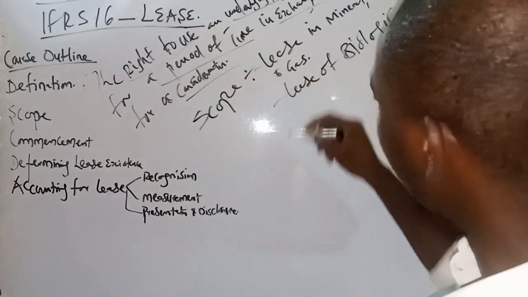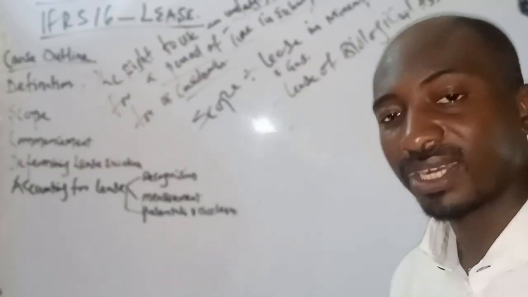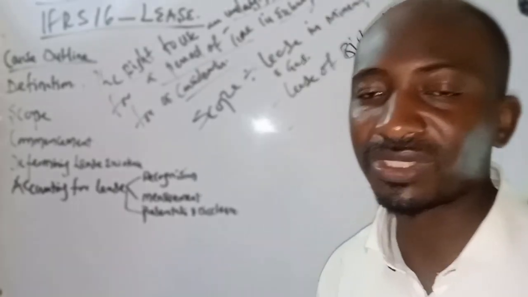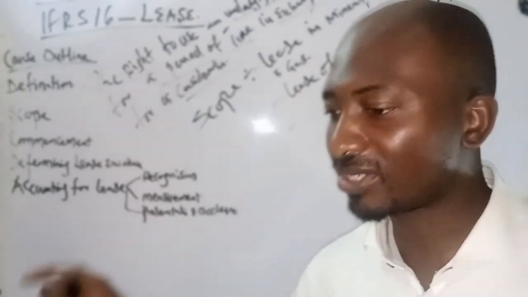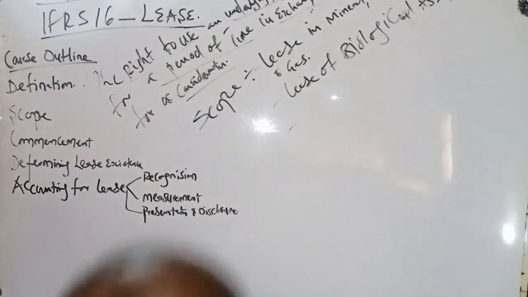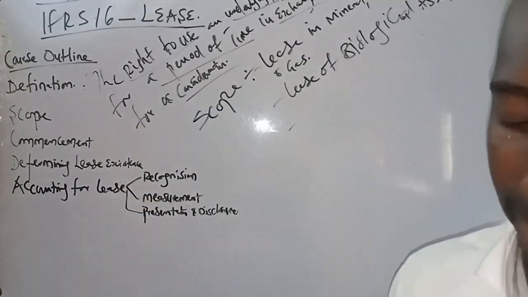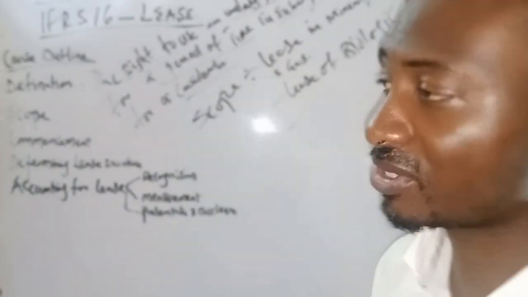Somebody may also say they are giving you a noble farm to use for a period of time. Or some people will say they are leasing out their cows, these people that are rearing cow. They will give you cow to lease for a period of time and the like. So we also have that of service concession.